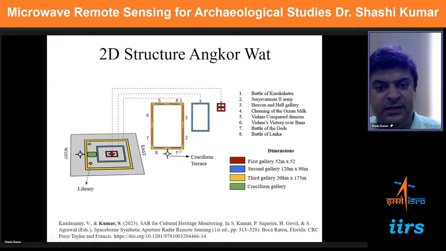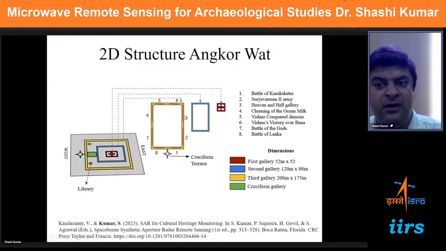Because here, side number one represents the battle of Kurukshetra. Side number two represents the army of Suryavarman II, the king who built the temple. Side number three is the Heaven and Hell Gallery.